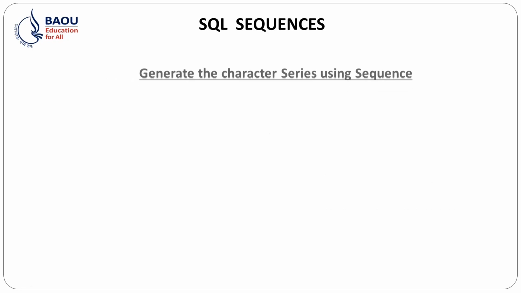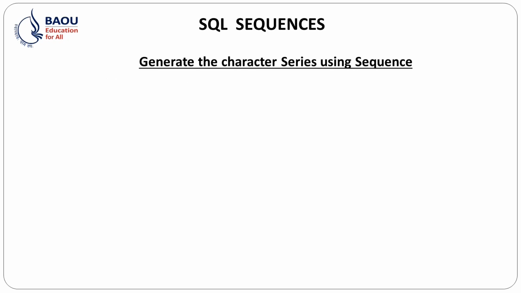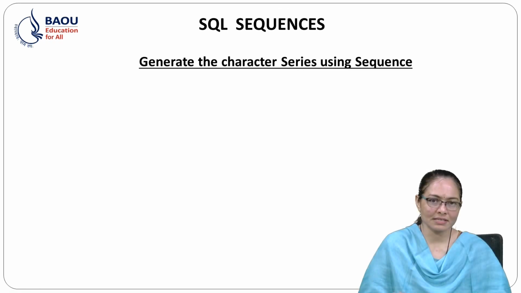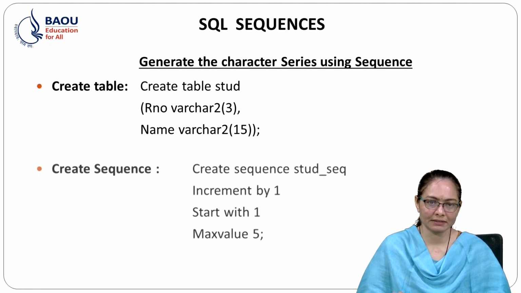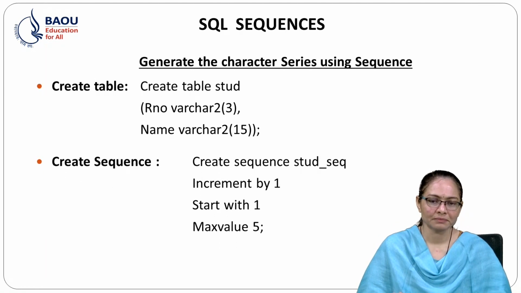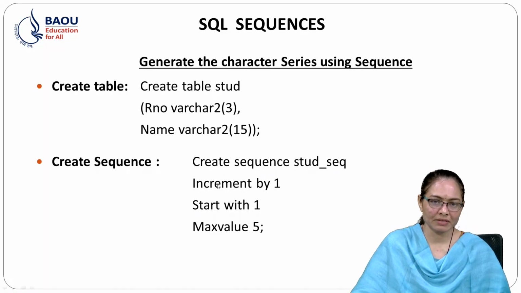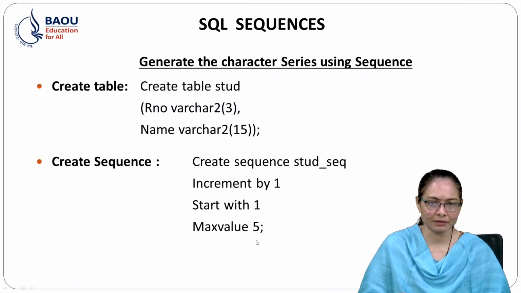Now, how to generate a character series using a sequence? See, in the example, here the student table is created. After that, the sequence is created. We already saw this in the previous slide. Sequence student underscore SEQ is created, increment by 1, start with 1 and maximum value is 5.